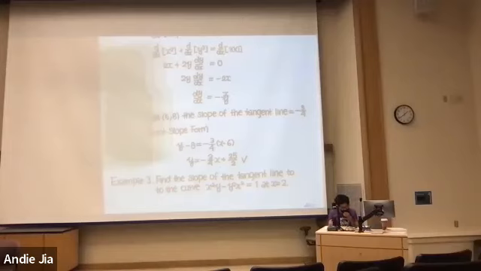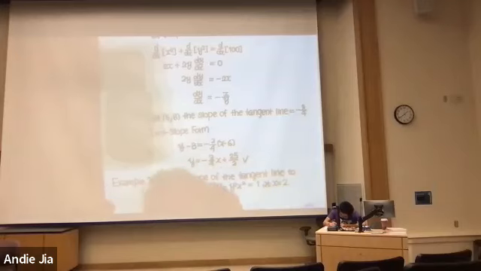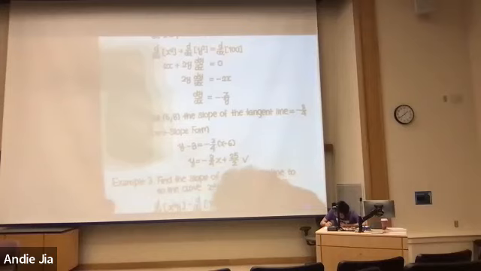So we take d/dx of x squared y minus d/dx of y squared x squared equals 0.